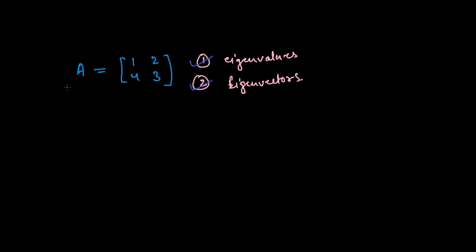If this is the matrix, then the first thing that we need to do is find the characteristic polynomial. The characteristic polynomial of any square matrix A is given by the determinant of A minus lambda I, where I is the identity matrix with the same order as matrix A. If A is a 2 by 2 matrix, then I will also be 2 by 2.